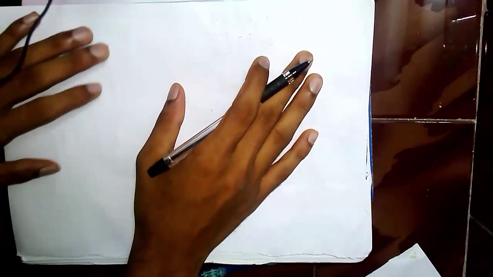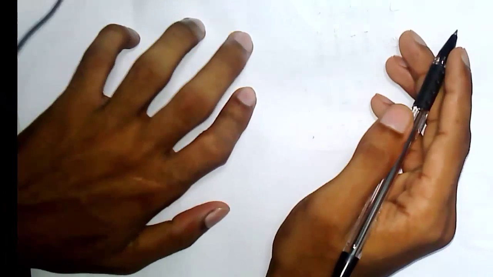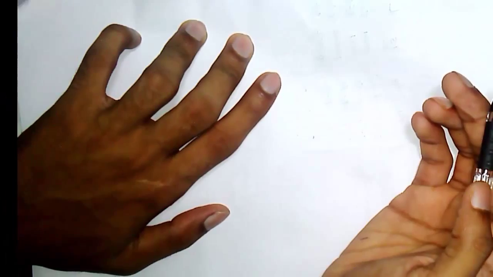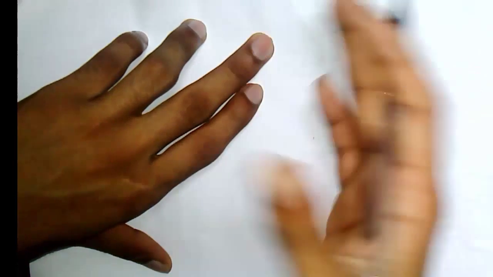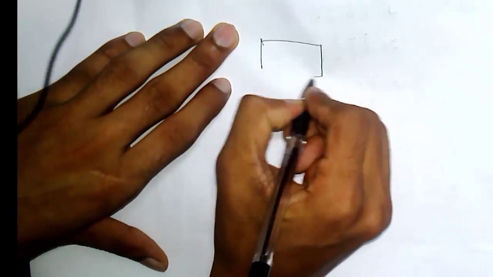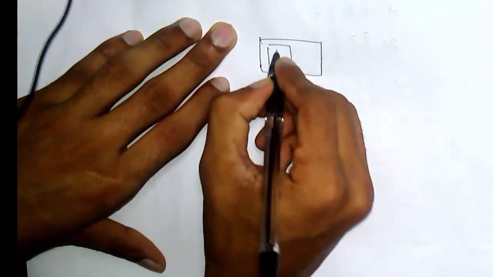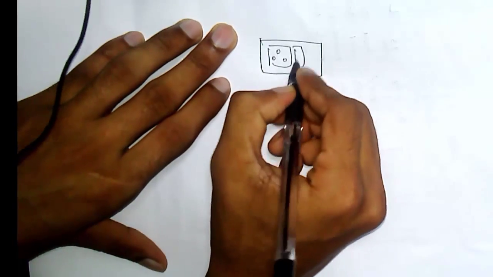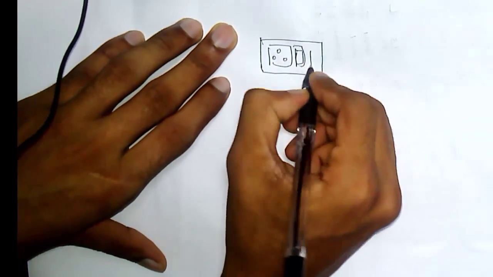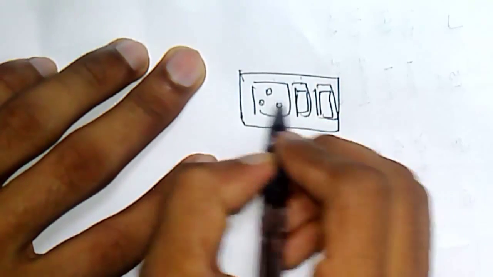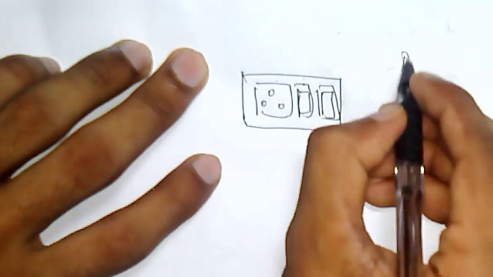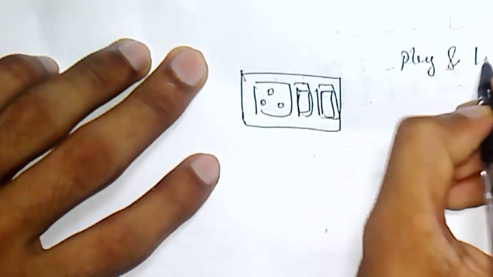Now, in the lighting and socket connection, I am showing you the connection of a house plug, and a bulb is also connected like this. We have a plug here, a switch here, and a light switch also here. So we want to connect the plug and the light.